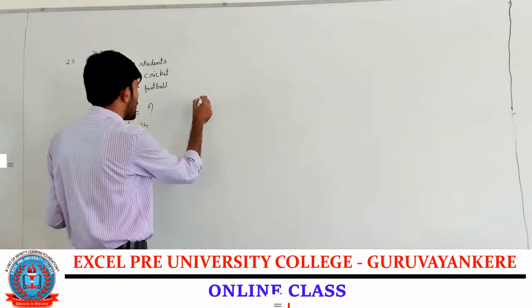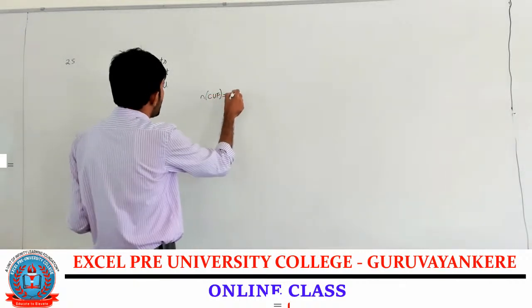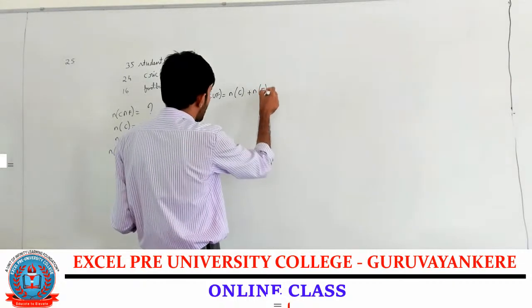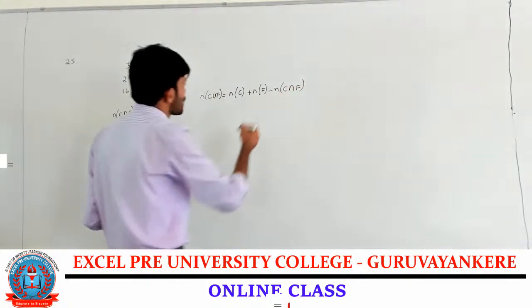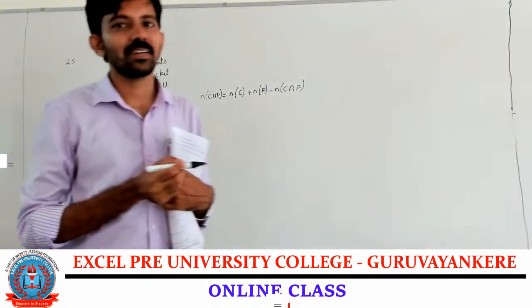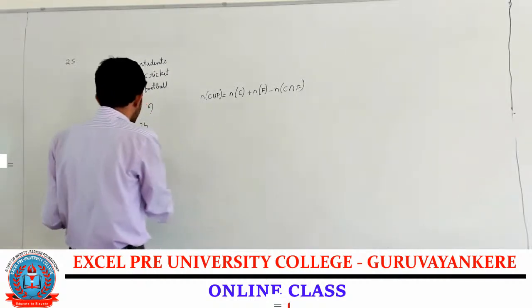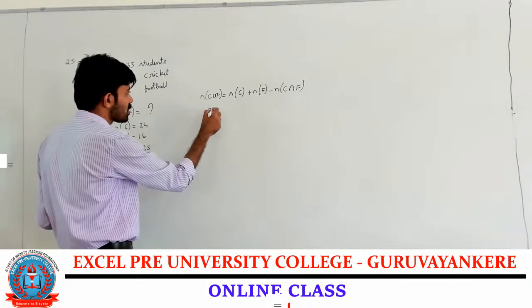So we have N of C union F, which is N of C plus N of F minus N of C intersection F. We have this formula. Write down the formula and substitute. N of C union F is 35, given to us. Very simple question for 3 marks.